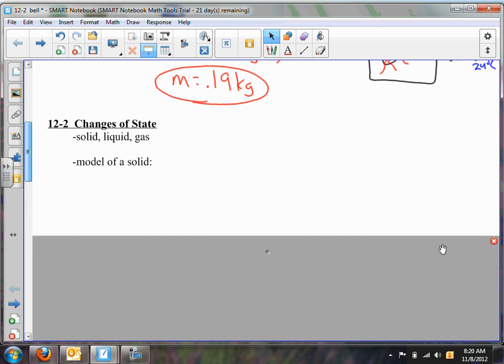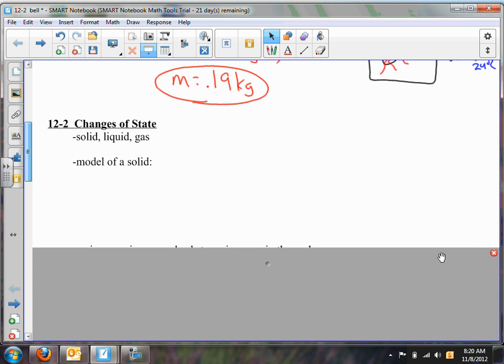And what does a solid actually look like? Well, this is the model we're going to use. Imagine you got these solid particles and they're tied together with springs.